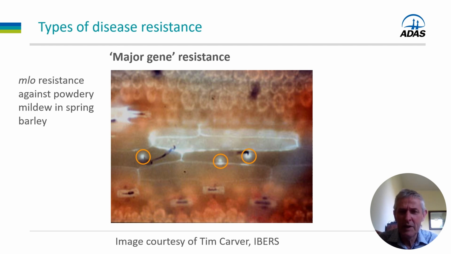What we saw in the COVID pandemic was that the virus would change its spike protein in a way that meant the human immune system could no longer recognize that it was a pathogen. And unfortunately, fungal pathogens are very adept at doing this as well, meaning that the plant no longer recognizes that there is a pathogen knocking on the door, and it therefore fails to trigger the resistance response.